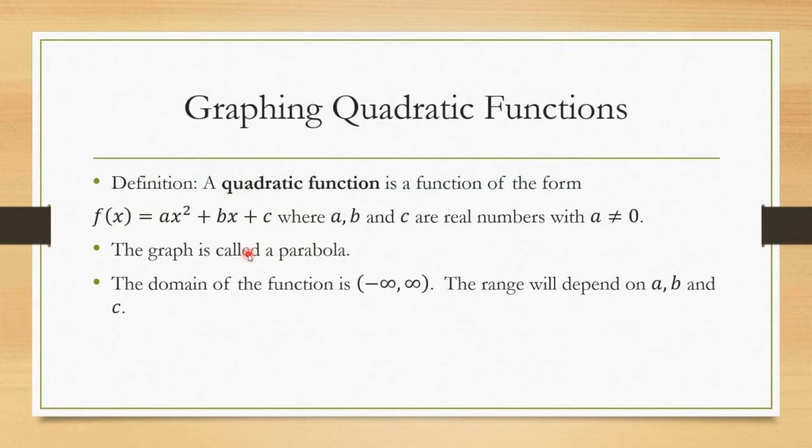But the domain is always the same. The domain is always all real numbers. That's what this is telling you. All real numbers. So the range will depend on a, b, and c, though, but the domain is always the same.